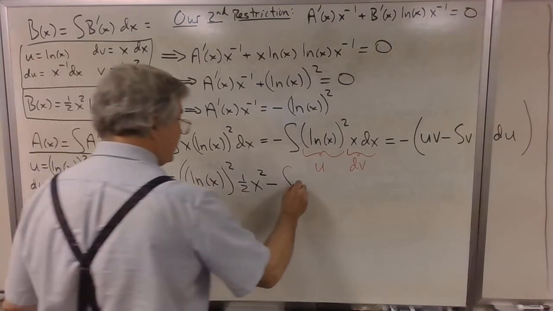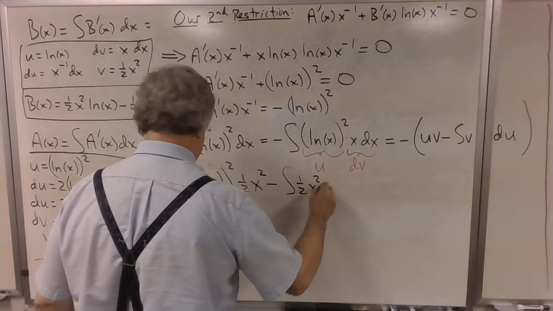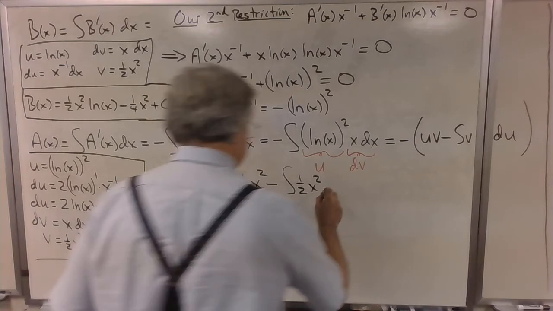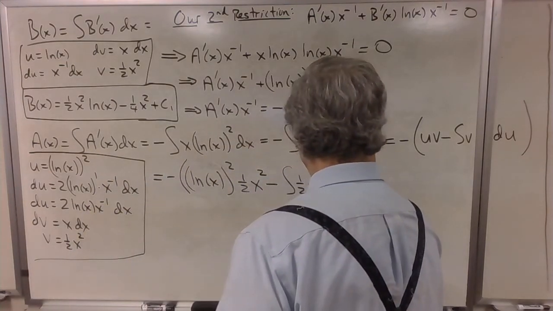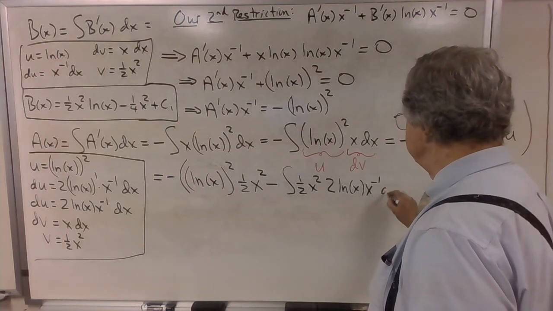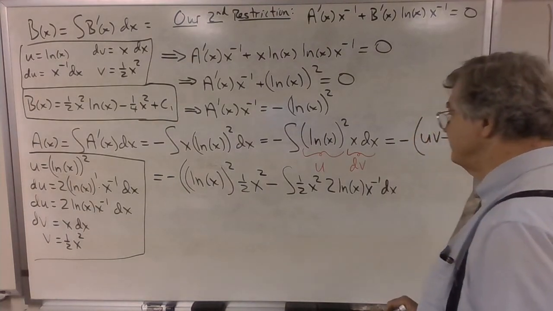So that's 1/2 x squared, and du is 2 natural log of x, x to the negative 1 dx.